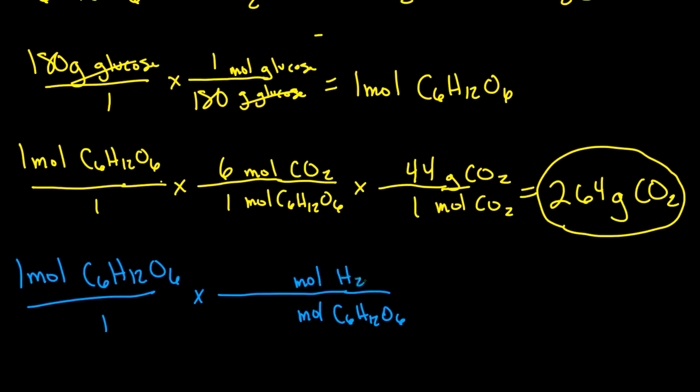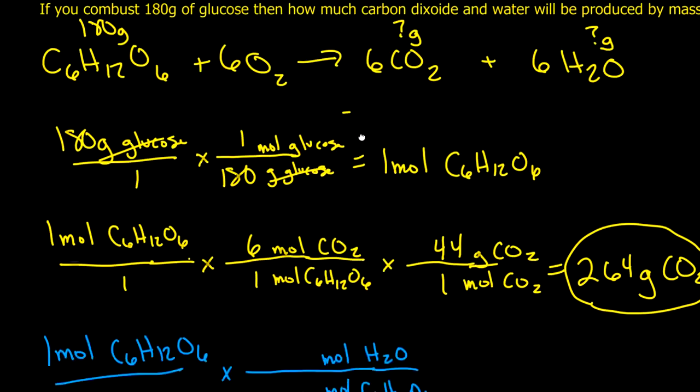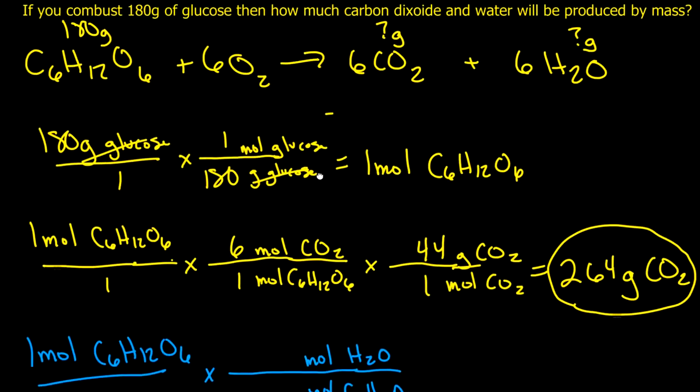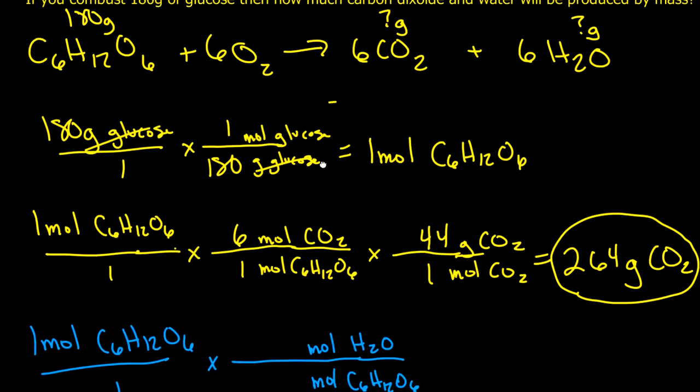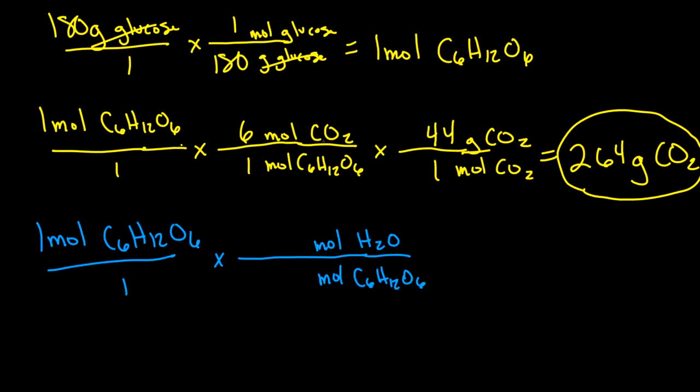Moles of water will be on top. That is once again a 6 to 1 ratio. I got 1 sugar for every 6 waters. So 6 waters to every 1 sugar.